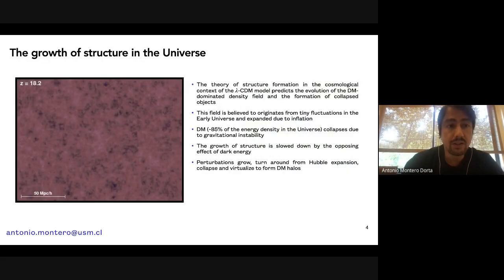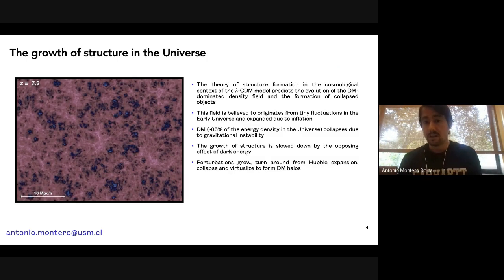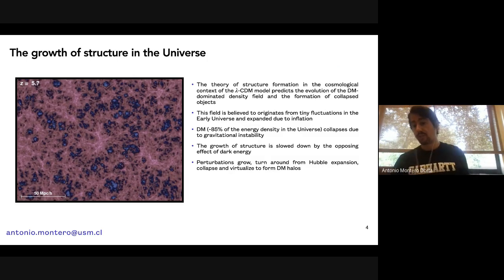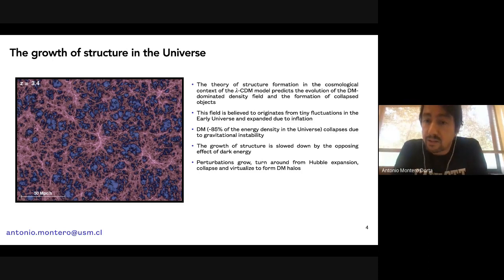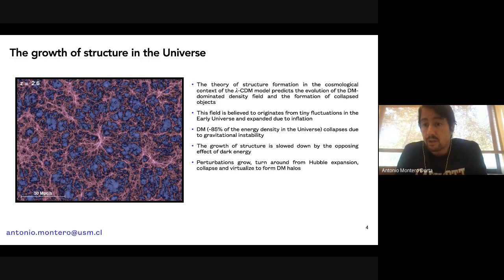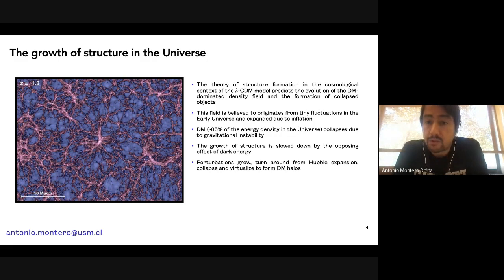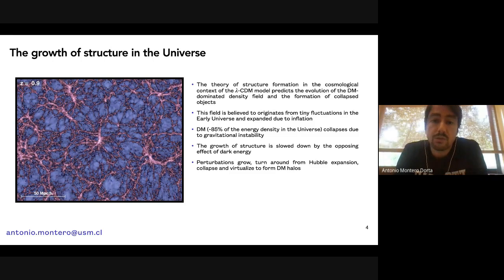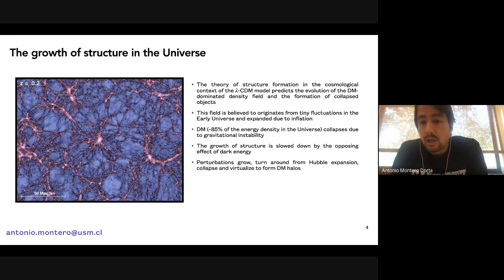Okay, so let's start with the introduction. Of course, you all know that the theory of structure formation in the lambda CDM cosmology predicts the evolution of the dark matter dominated density field and the formation of collapsed objects. This field, as you know, is believed to originate from tiny fluctuations in the early universe that then expanded due to inflation.